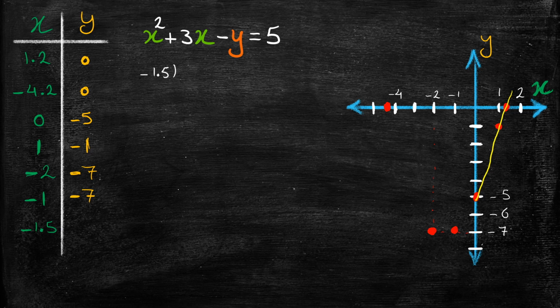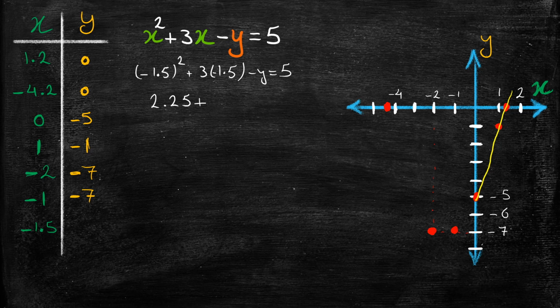-1.5 to the power of 2 plus 3 times -1.5 minus y equals 5. So -1.5 to the power of 2, the result is positive. 1.5 to the power of 2 is 2.25. You can double check that with your calculators.